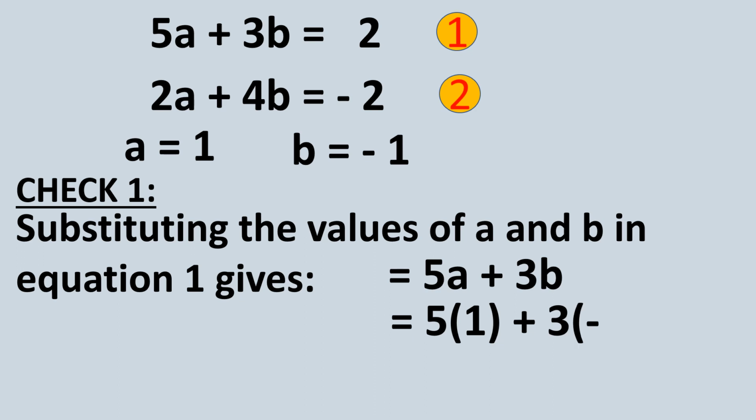So 5 into 1 plus 3 into minus 1, which is simplified as 5 minus 3. And 5 minus 3 is equals to 2, and that satisfies equation 1. So that tells you our a and b are correct, a is equals to 1, b is equals to minus 1.